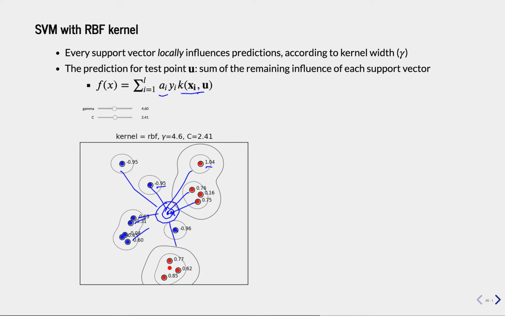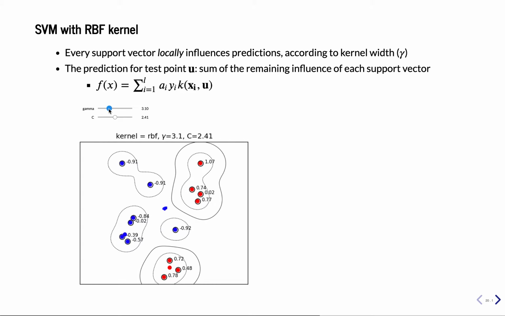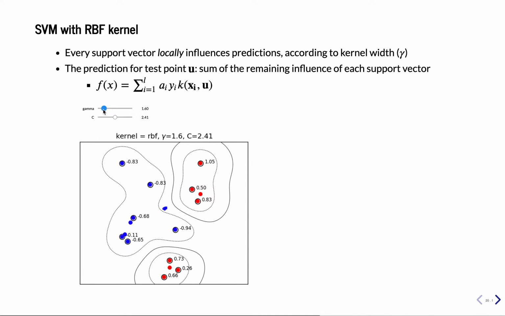So this point is influenced by all support vectors, depending on how close they are and what their coefficient is. In this case, you can see there's very little influence between this point and the other points. But if I decrease my gamma, if I make my kernels wider, you will see that now all these points have more influence.